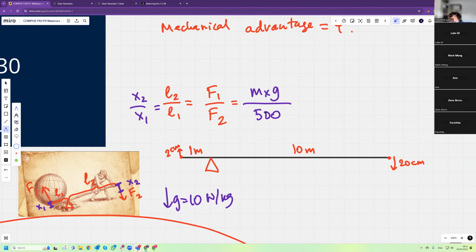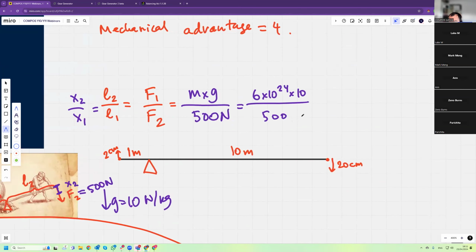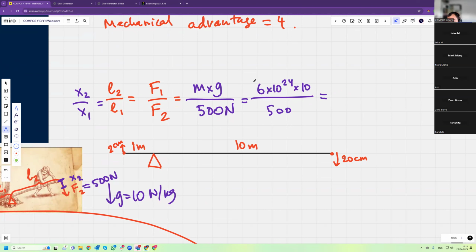It's about 500 newtons that Archimedes can hold. So F2 is 500 newtons. That's an assumption. So it's going to be 6 times 10 to the 24 times 10 divided by 500. What do we get? We get 1.2 times 10 to the 23.